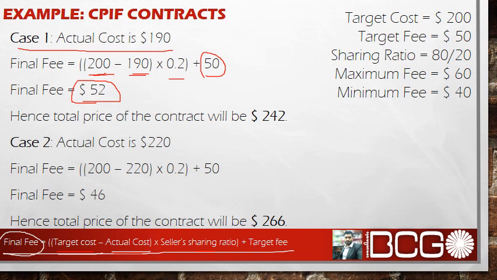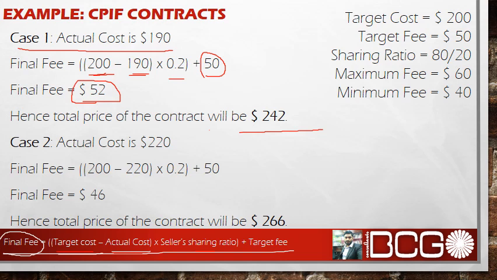That means the total price of the contract will be $52 plus 190. It should be 242 US dollars.